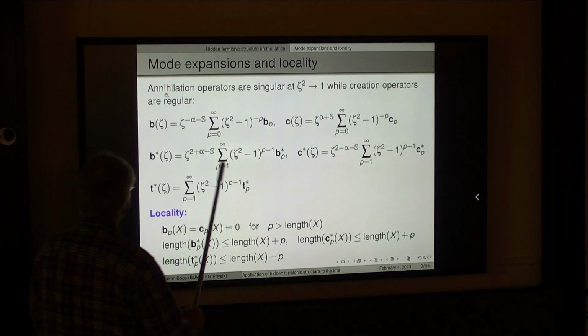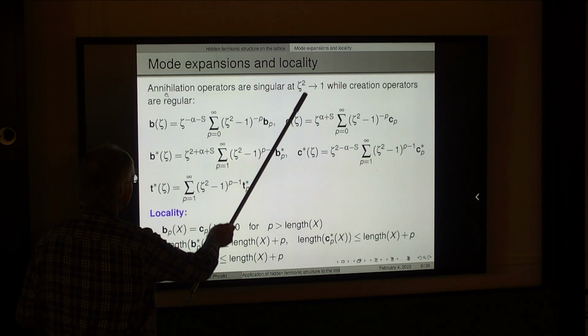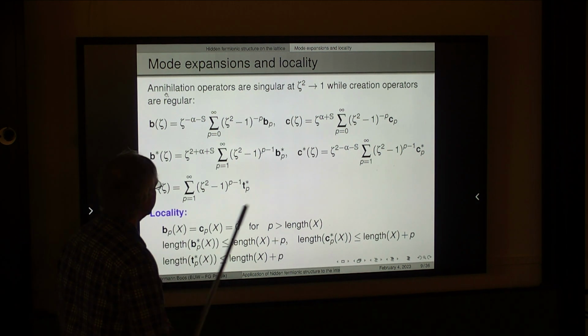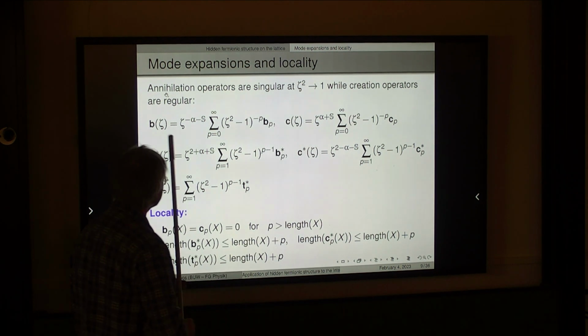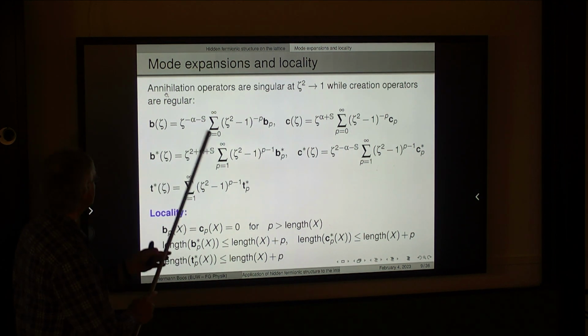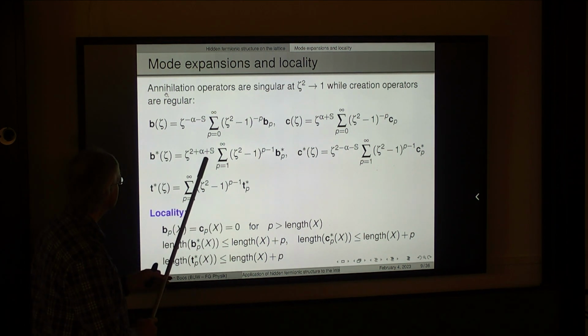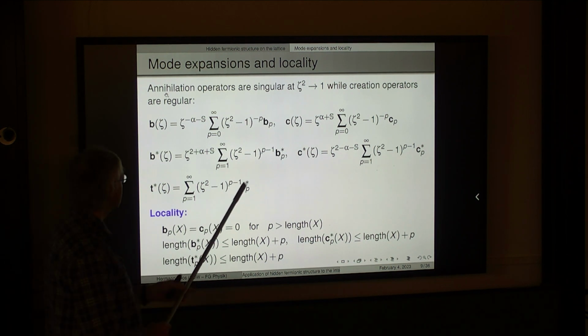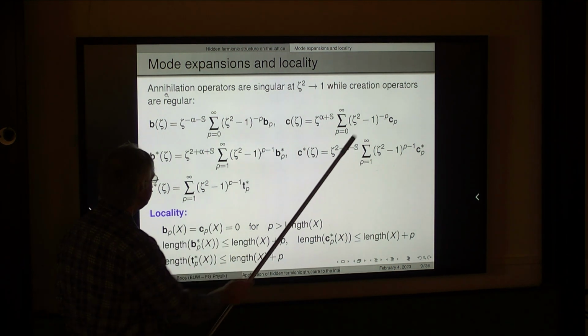So actually, annihilation operators are singular at the limit zeta squared to 1, while creation operators are regular. So we consider, up to these factors, a Laurent series expansion with some modes b_p and c_p.